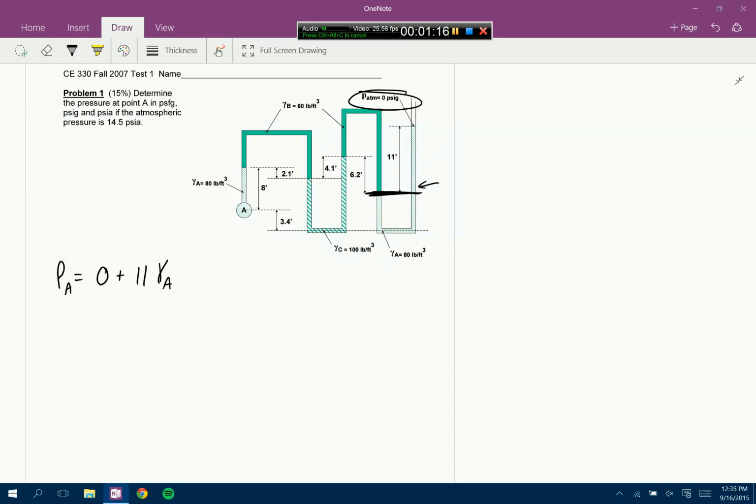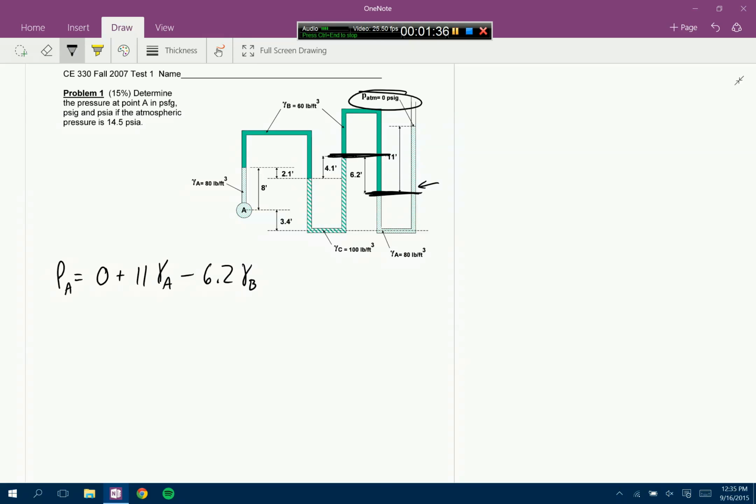And then we are going to find the pressure right here, which would be minus the distance, which is 6.2 feet, times the specific weight of that fluid, which is 60. So we'll just call that gamma B.